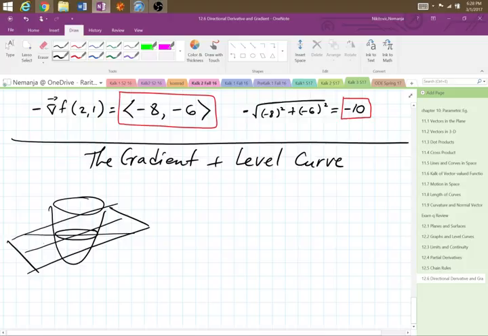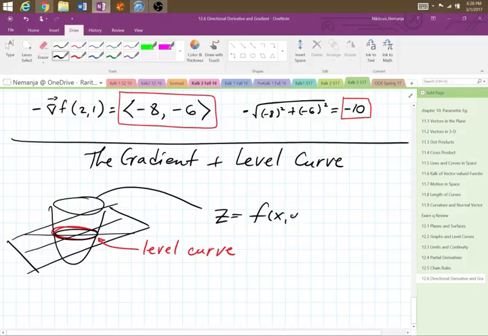So if I cut with a plane, this line over here is a level curve. So you have a Z shape. So this shape here is Z equals f of x, y.